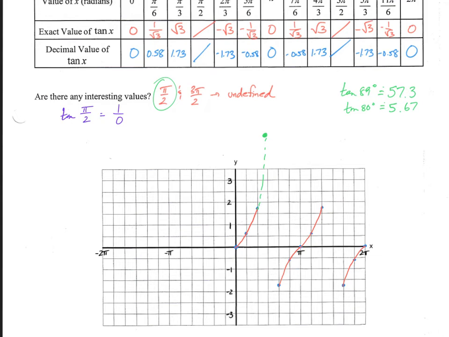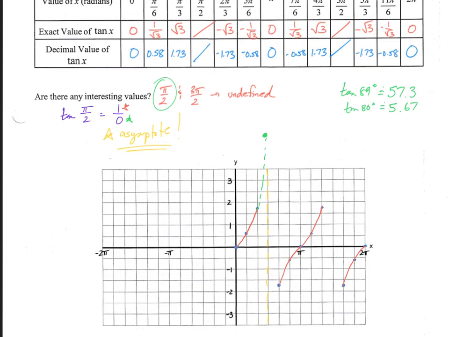And I'm hoping that we remember from way back in Unit 2 what happens when we have a non-zero on top divided by a 0. When a fully reduced fraction is a non-zero divided by 0, we have an asymptote. And maybe you can see then why we would have an asymptote at pi by 2.